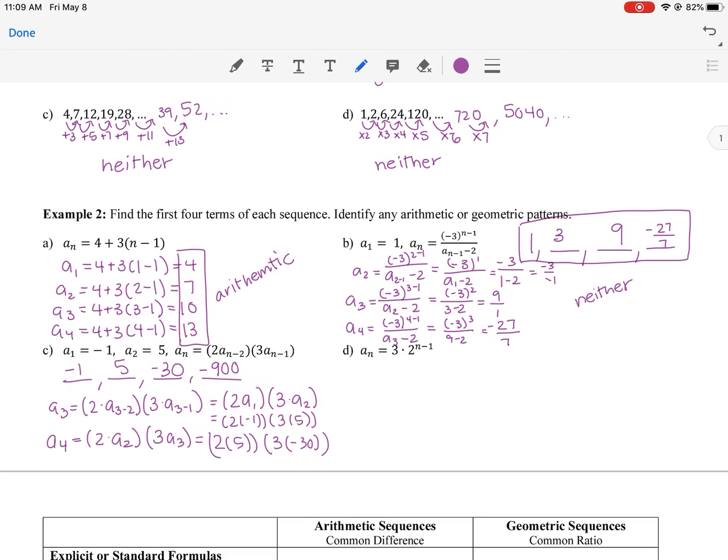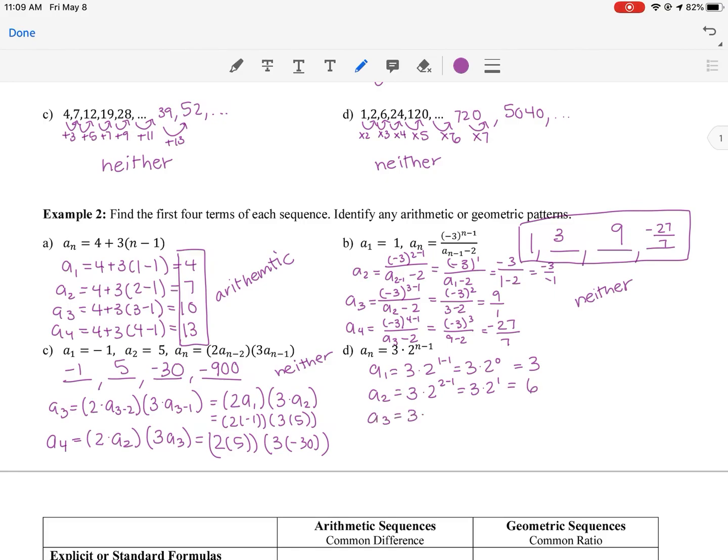On this last one, this is once again neither arithmetic nor geometric. We're going to do a sub 1 equals 3 times 2 to the 1 minus 1, so we get 3 times 2 to the 0, which is 1, so we get 3. Our second term, same thing, 3 times 2 to the 2 minus 1, so we get 3 times 2 to the first, so we get 6.